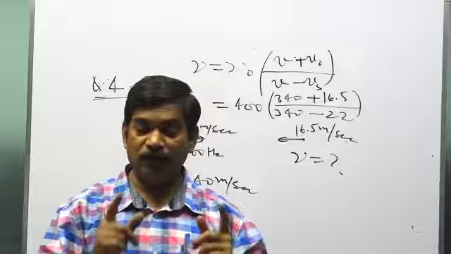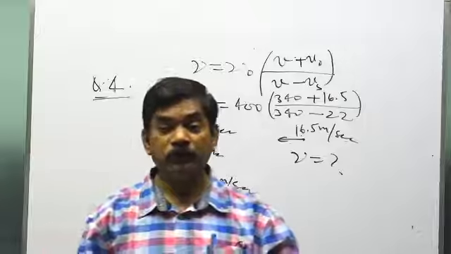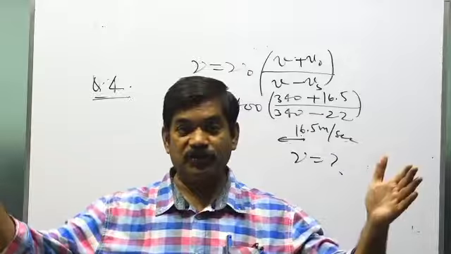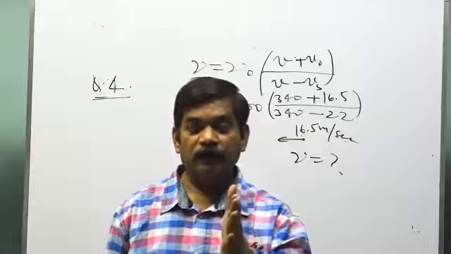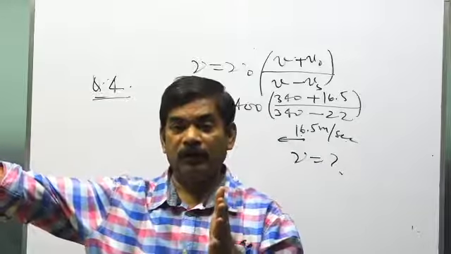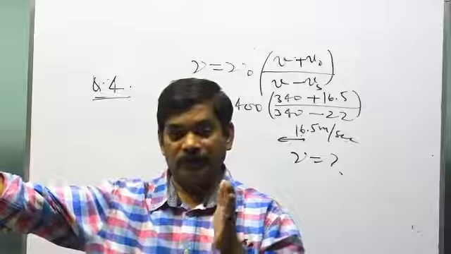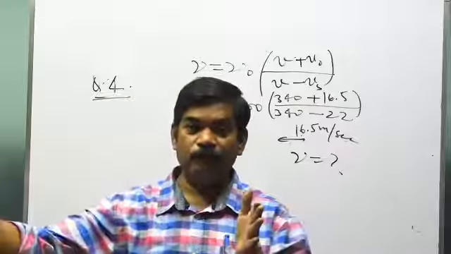Is that clear? One more thing I would like to clear about the Doppler's effect is that there is no effect of distance. Suppose something is moving very fast and is quite far away from the observer, and the velocities of the two are very high.